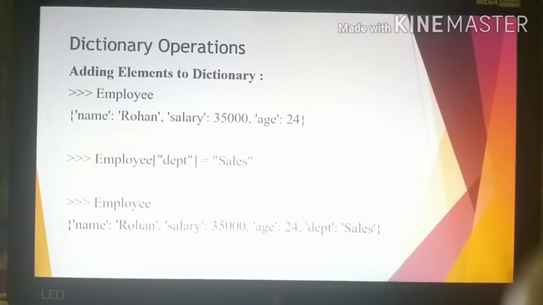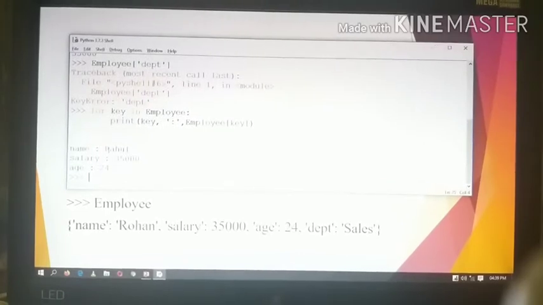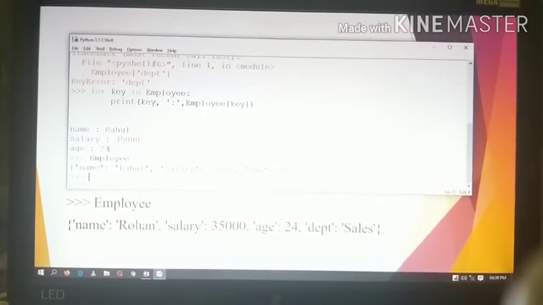Next, how to add elements to a dictionary. If employee is a dictionary, in this dictionary there are name, salary and age, three keys and their respective values. If you want to add one more key value pair, we can add one more element or more than one element using this method.